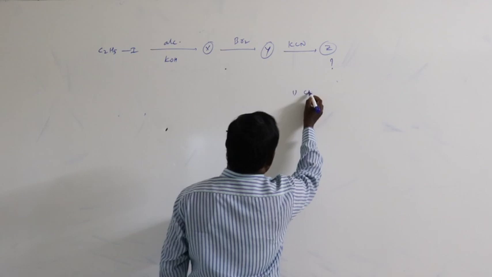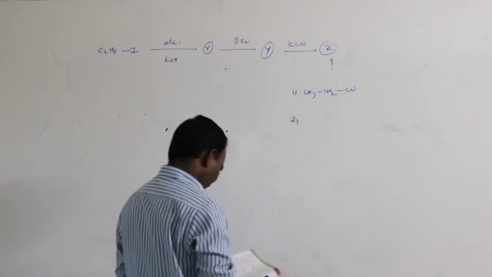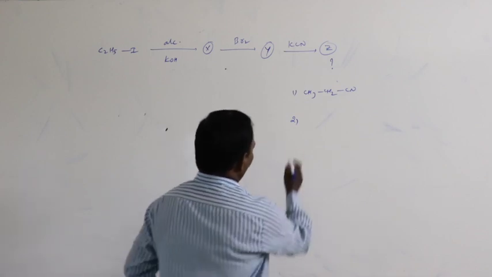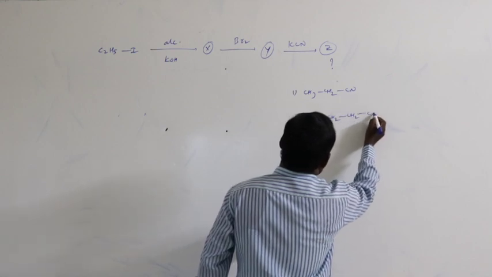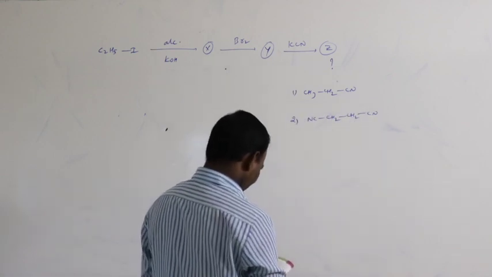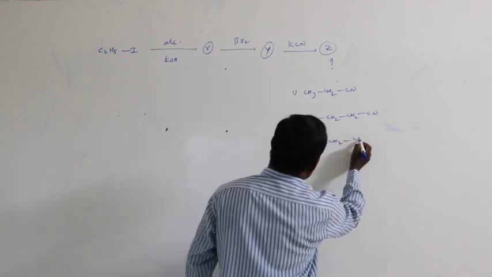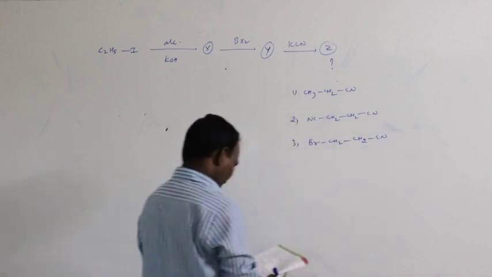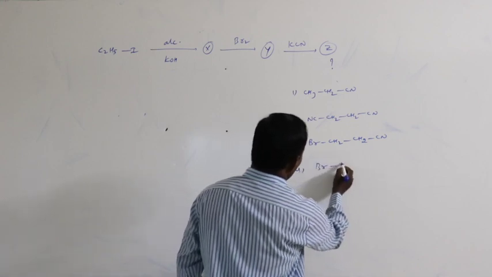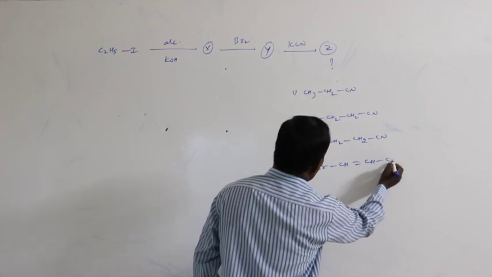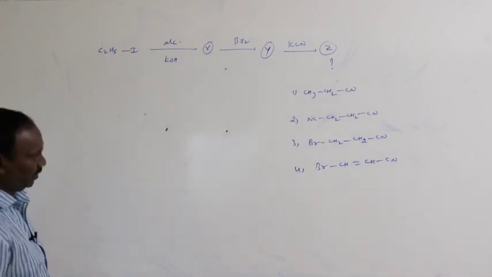First option is CH3CH2CN, the second option is CNCH2CH2CN, the third option is BrCH2CH2CN, and the fourth option is BrCH=CHCN. Among these 4 options, which one is the correct one?